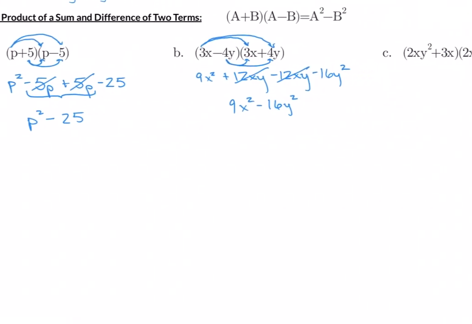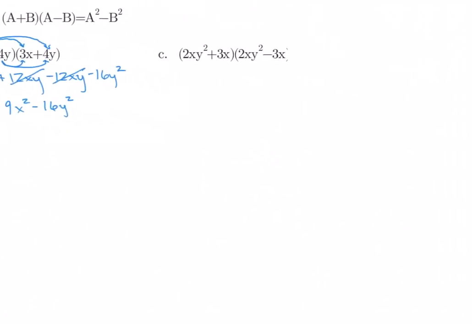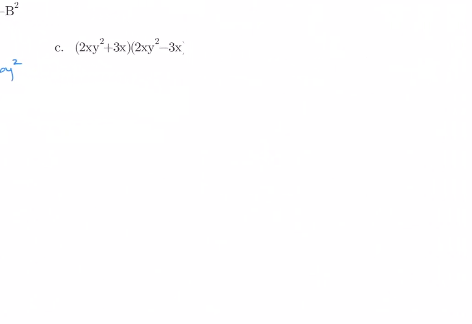All right, so those are some basic examples. Let's go ahead and look at something a little bit more complex. And the main thing we want to note is that this is still difference of squares. So if we go ahead and FOIL this, what do we get? 2xy squared times 2xy squared, we get 4.